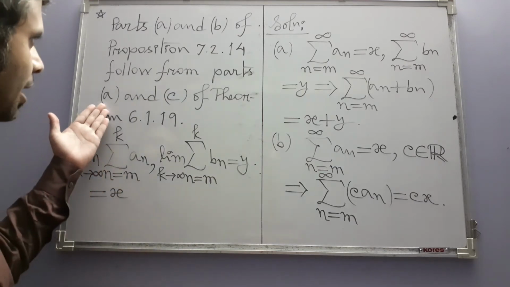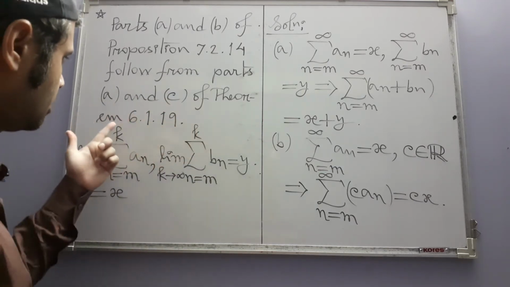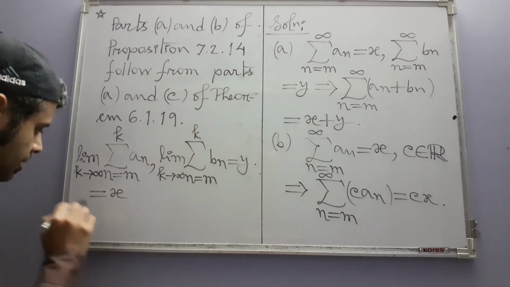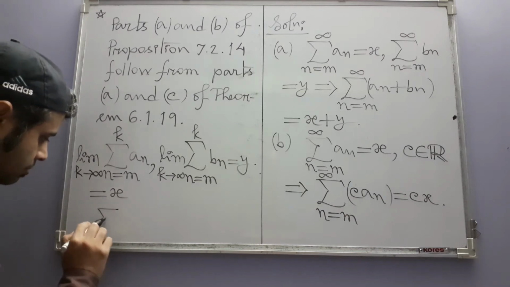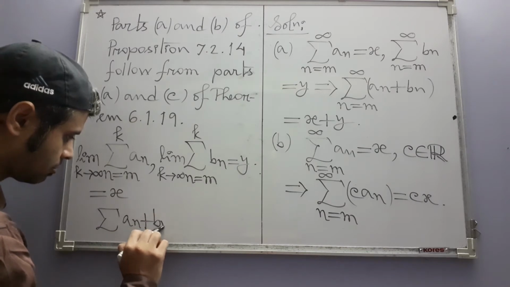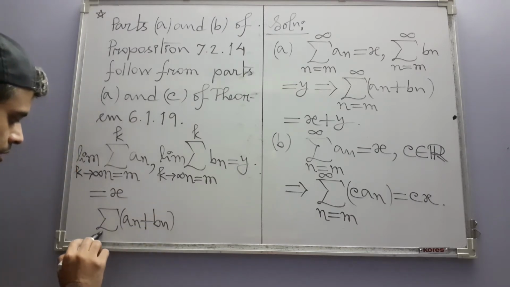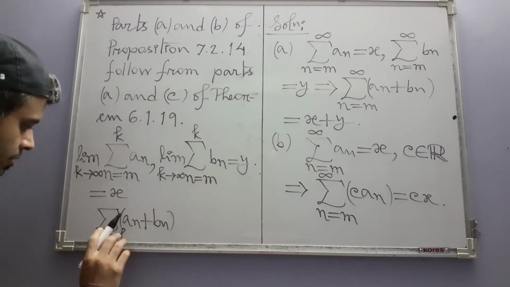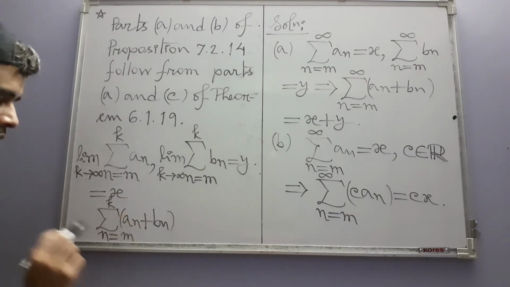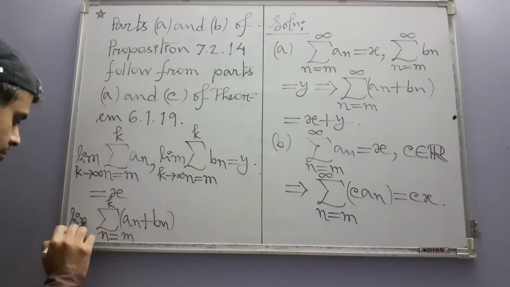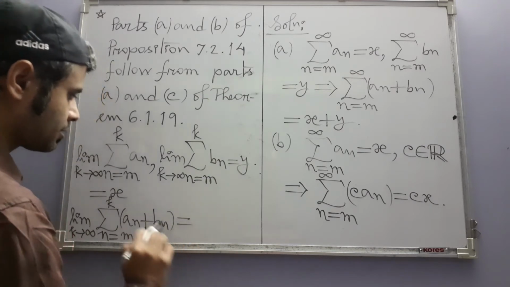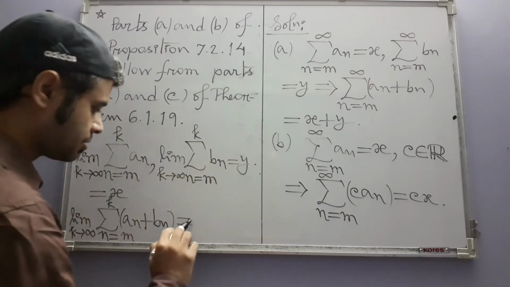So by part A of theorem 6.1.19, that is sequence laws, this sequence is convergent, whose general term is this, as n varies from m to k. This sequence is convergent, and its limit as k approaches infinity is just the sum of these two limits.